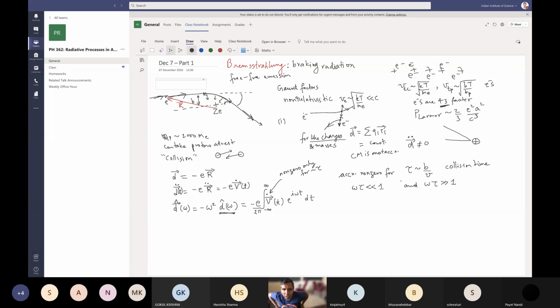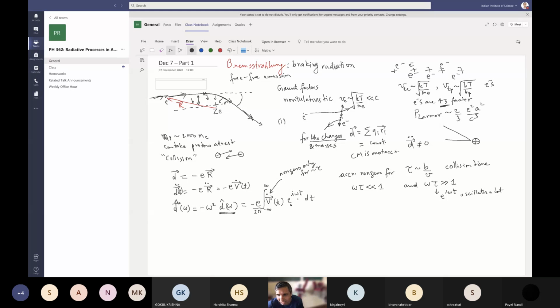So if you are considering the high frequency case, e to the i omega t oscillates a lot. You have some v dot over this path, and this term is oscillating a lot because we are considering the high frequency limit. So it contributes sometimes with a plus sign, sometimes with a minus sign.